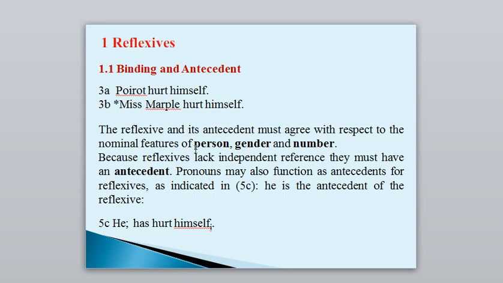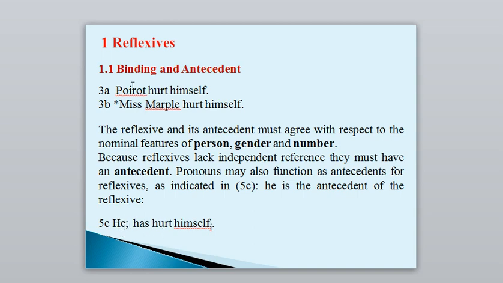So the first one is correct and the second one is ungrammatical because of the mismatch between the gender. You see here? Because reflexives lack independent reference, they must have an antecedent. We call it antecedent, like Poirot here. It's the antecedent of the himself. Pronouns may also function as antecedent for reflexives, as in this example, he is the antecedent of reflexive.